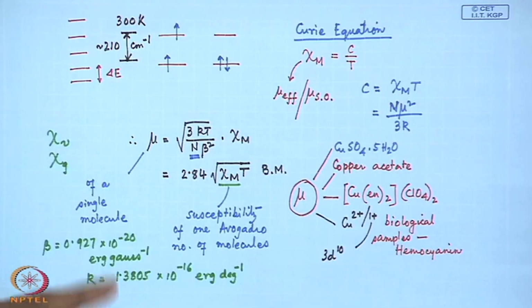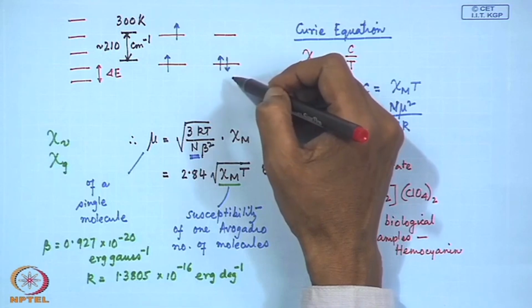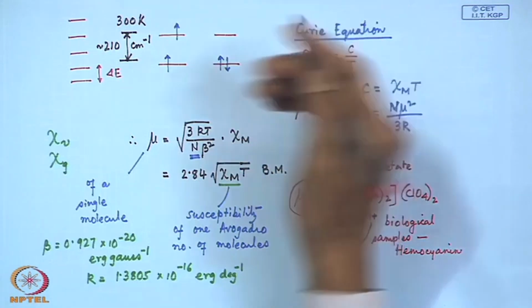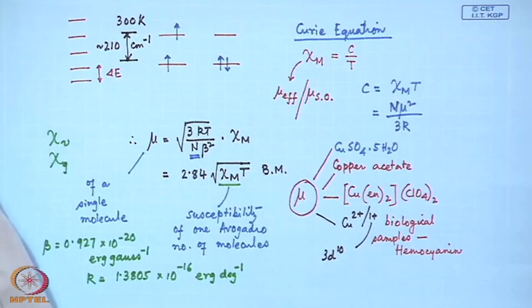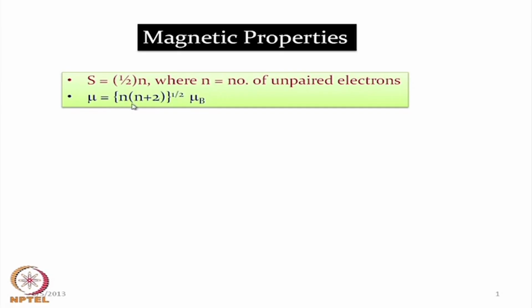This particular width basically can control the population of these different levels by these unpaired electrons. We utilize the number of unpaired electrons, N, for determining the mu effective or mu spin-only values, because this N is directly related to the total spin value for the system.